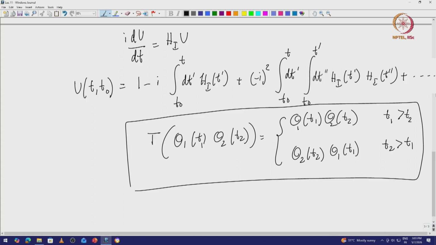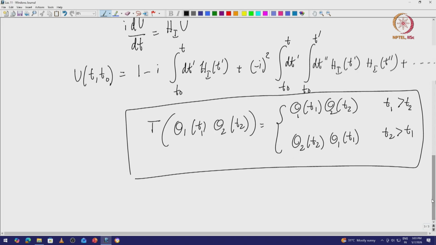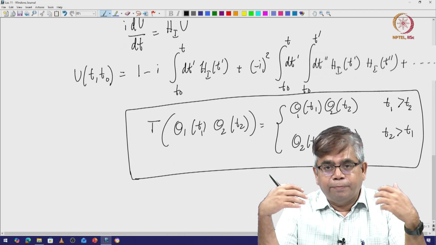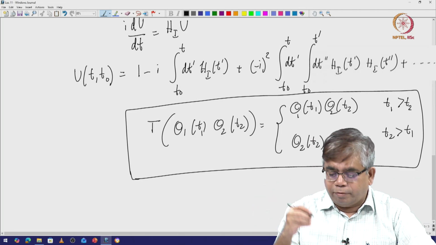So now we can move towards examples of scattering. What we have set up so far is already good enough to understand how, in the interaction picture, you can calculate a scattering process. That's the most basic and important thing in quantum field theory. So we'll set up this basic thing of scattering.